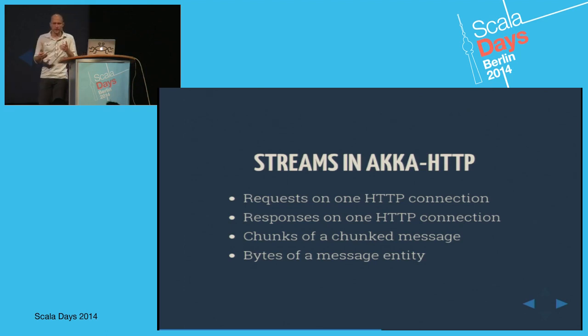Because if it's something large that you don't want to hold in memory at once, then it's good to think about it as a stream. So you want to deal with it as a stream. These are all the cases where we move from the old model that we have in Spray onto a stream-based model in akka-HTTP.